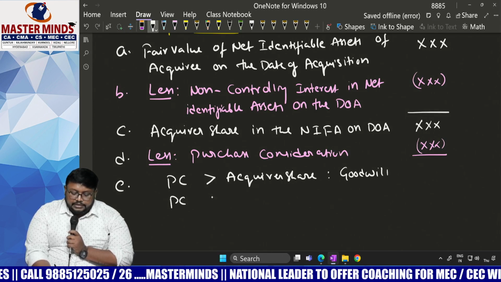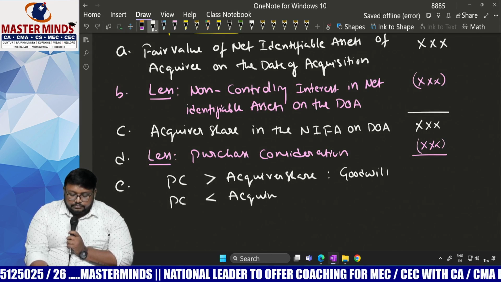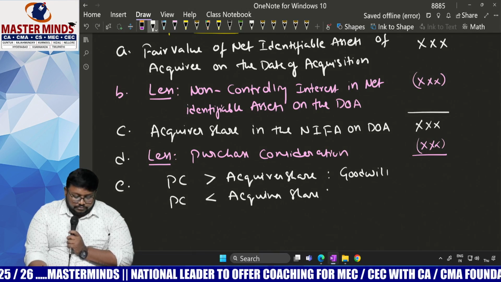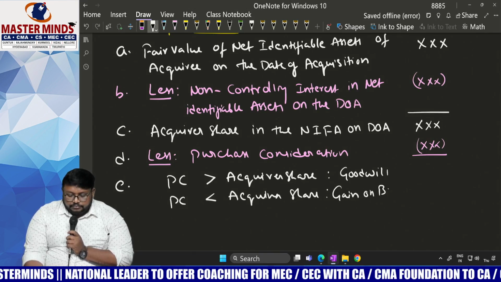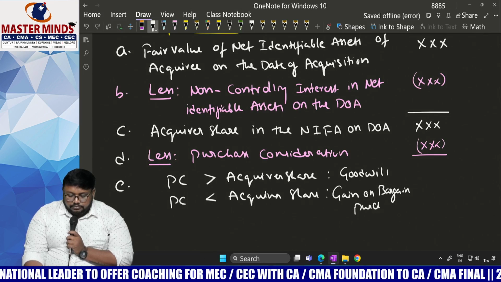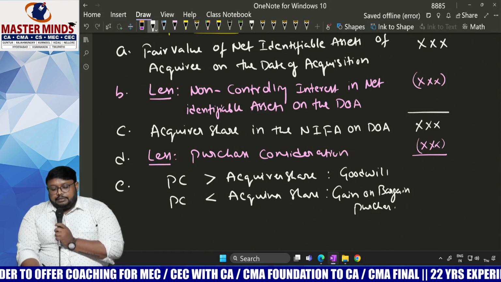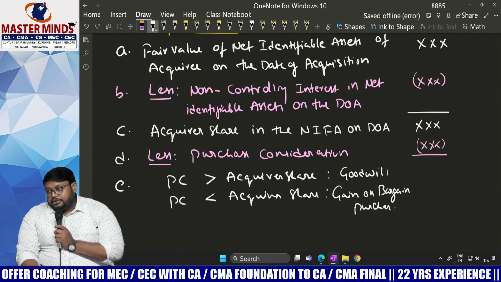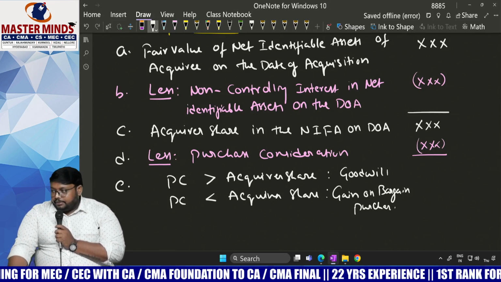If purchase consideration is less than acquirer share, then it will be gain on bargain purchase. Which is nothing but D is greater than C, goodwill. If D is less than C, gain on bargain purchase.